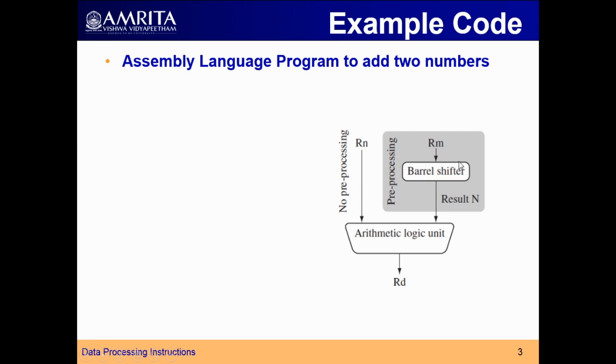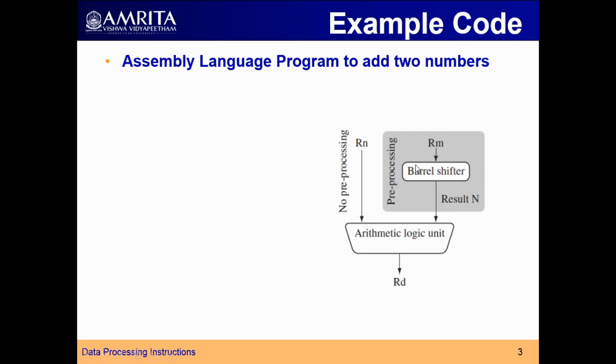You can see there is a block known as the barrel shifter which is connected to the second operand. The barrel shifter is a block used for performing multiple shifts on the second data in a single cycle.